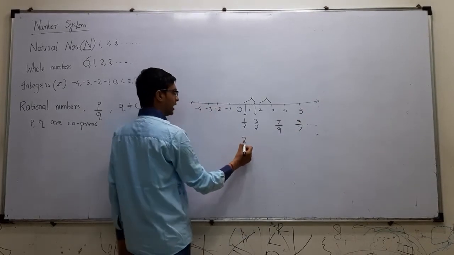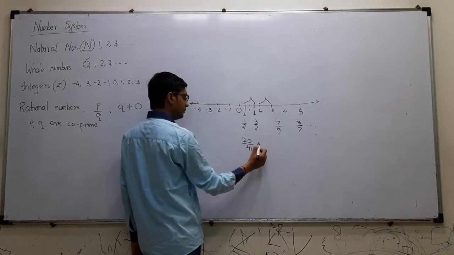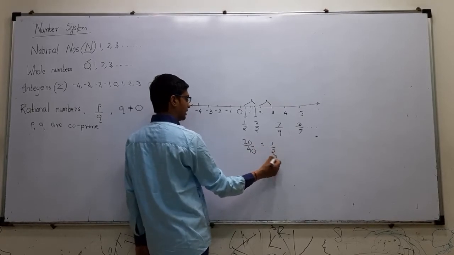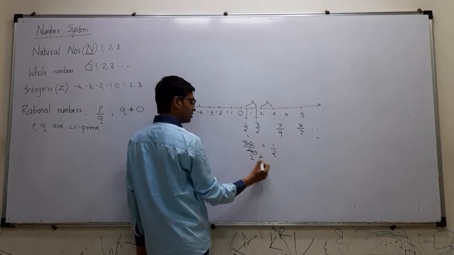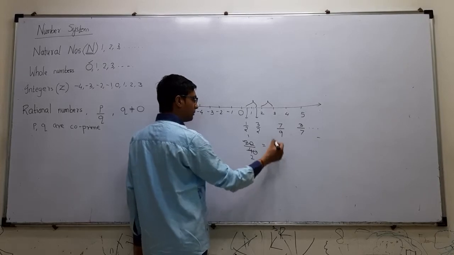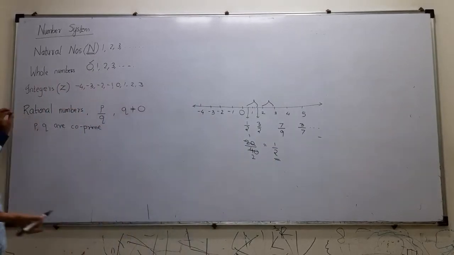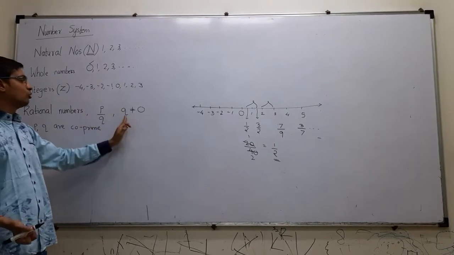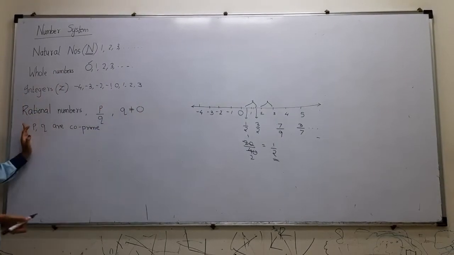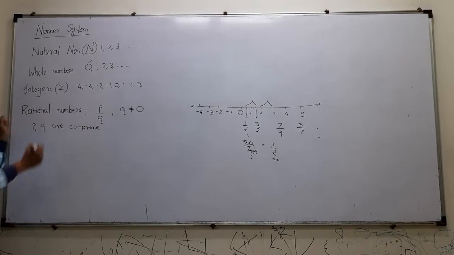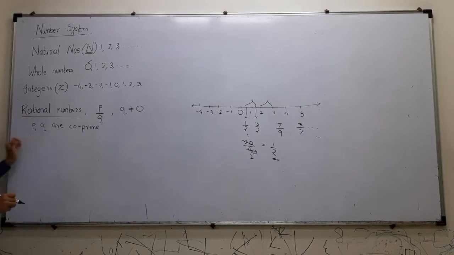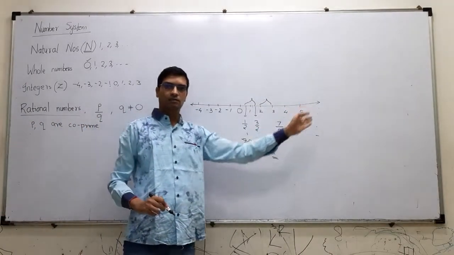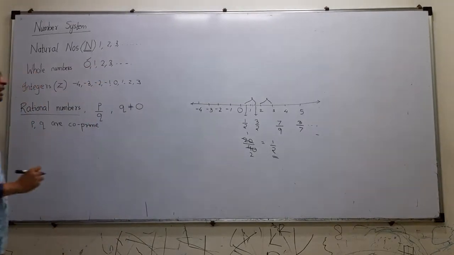If I talk about 20 upon 40, I need to convert it into half, that is dividing both 20 and 40 by 20. So again this is a co-prime form. So all numbers in the form of p upon q such that q cannot be 0 and p, q are co-prime are called rational numbers. There are infinite rational numbers on this number line.